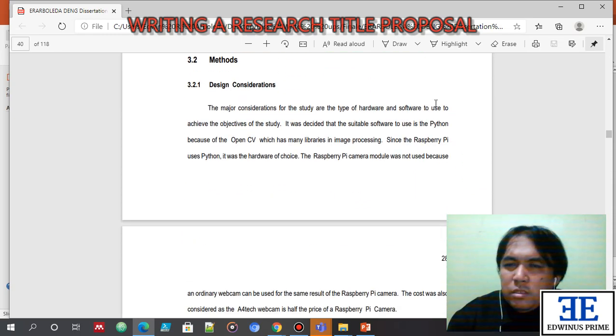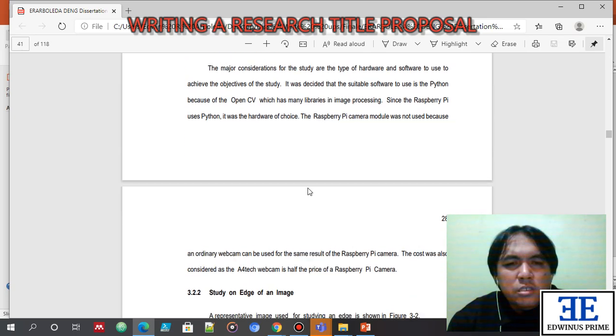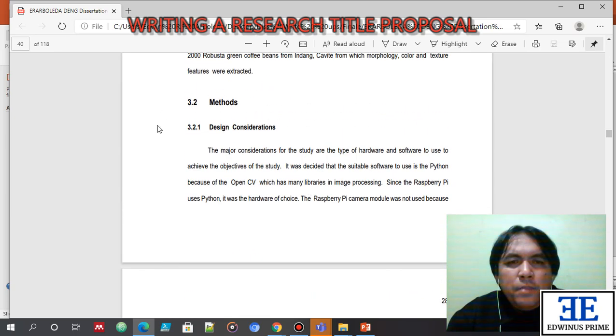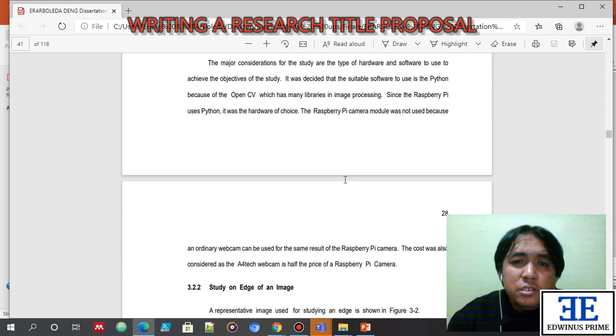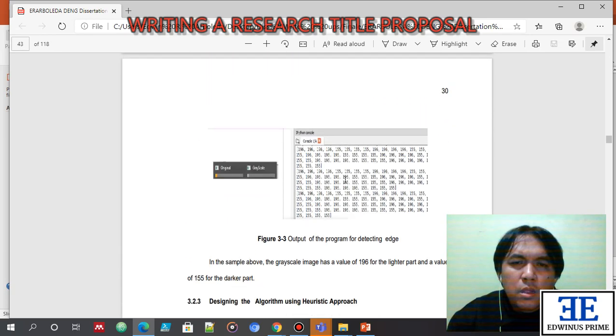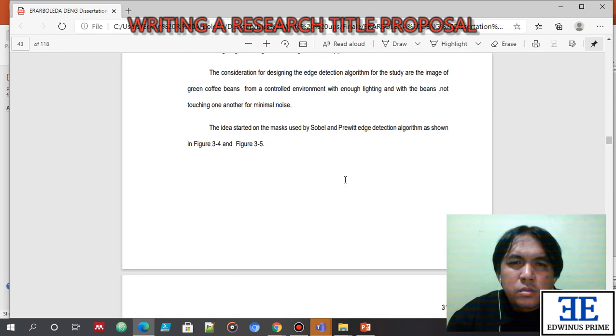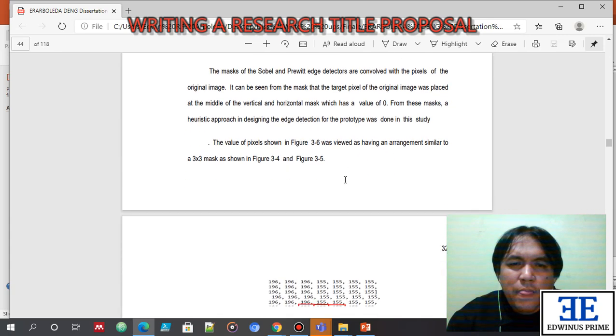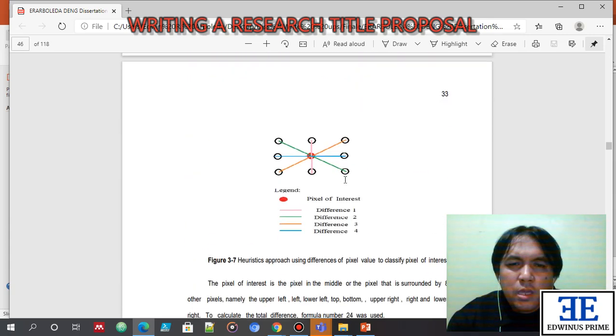What are the methods? For the methods, you start with the design considerations. What are the things that you are considering before conducting your research? So this is chapter 3, methods.